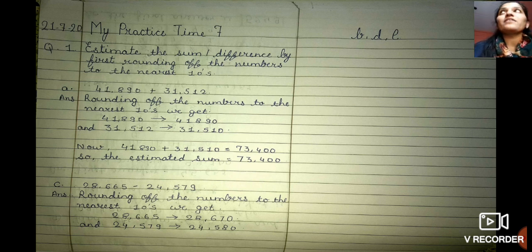First of all you have to write today's date, and then you have to write My Practice Time 7, as we are solving My Practice Time 7 now. The homework sums you can see on the screen, that is B, D and E. So we are going to solve A, C and F. B, D, E will be homework.